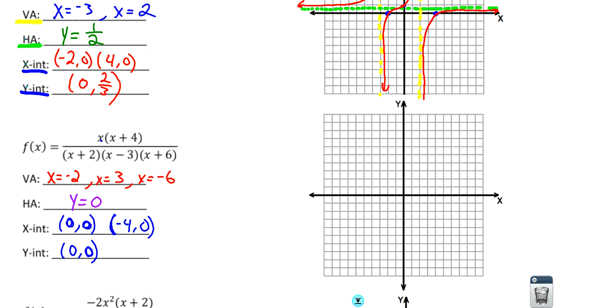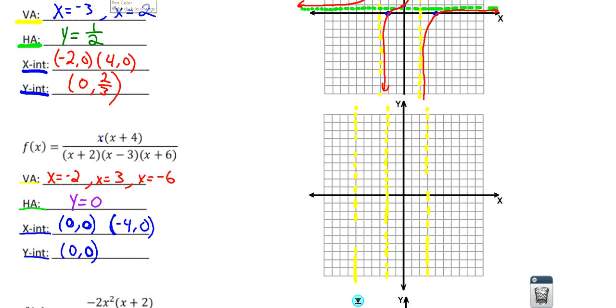We're going to follow the same rules. Vertical asymptotes in yellow, horizontal in green, and my intercepts in blue. So this time I have three vertical asymptotes: one at -2, one at -6, one at +3.